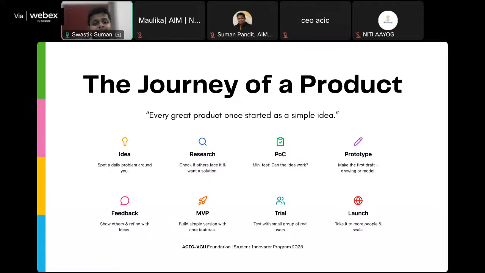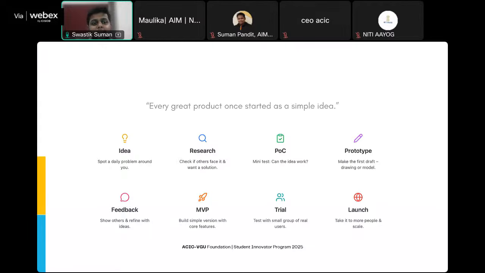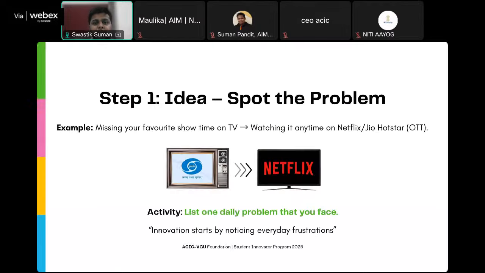We'll follow all these steps to take further into the next level, that is MVP, where we will build a simple version of the core features. Then we'll try the product in the market, and then we'll launch to a larger level, to more people and the larger scale.